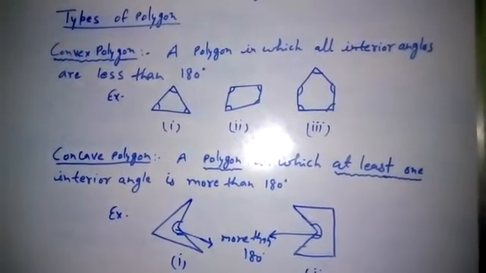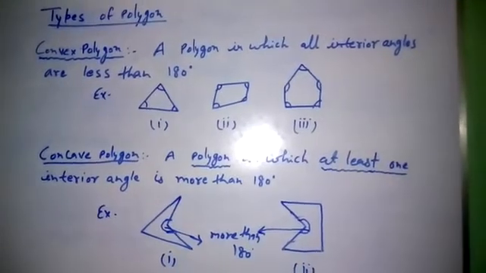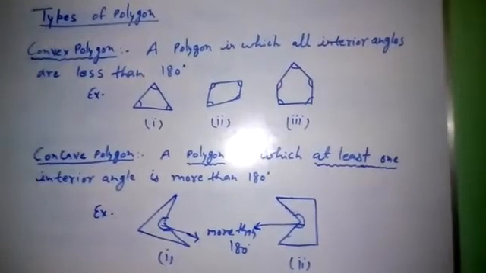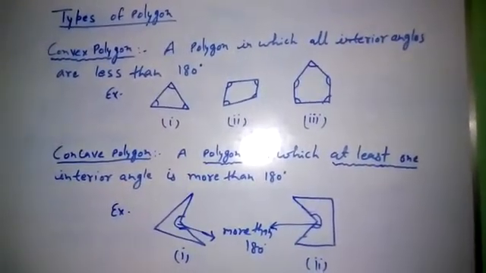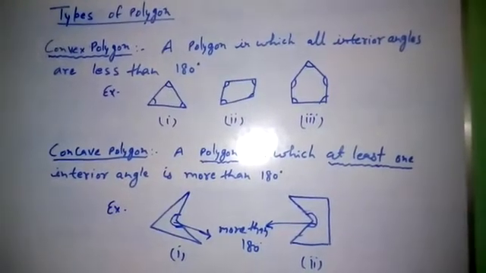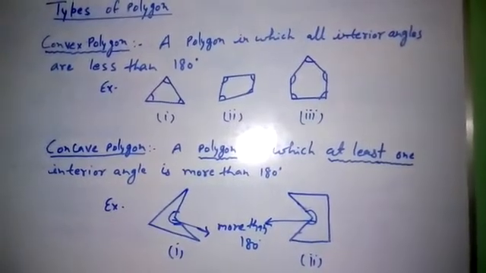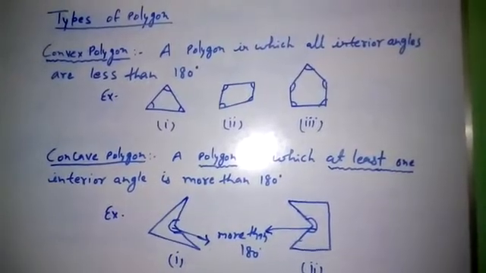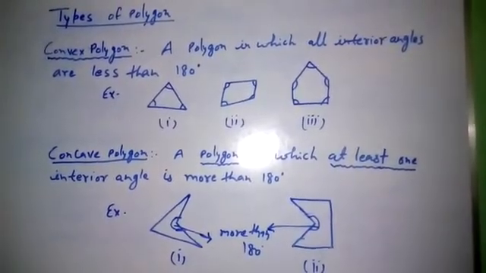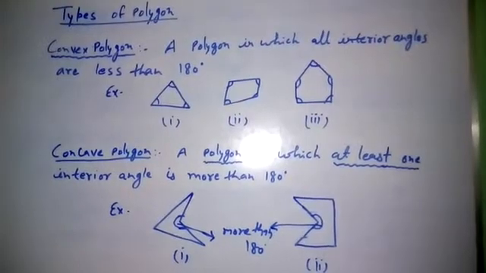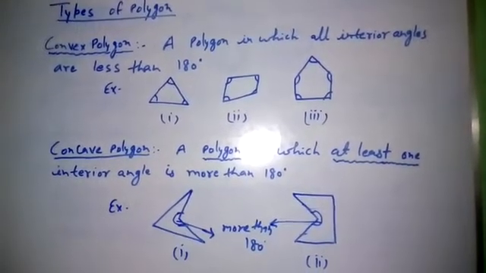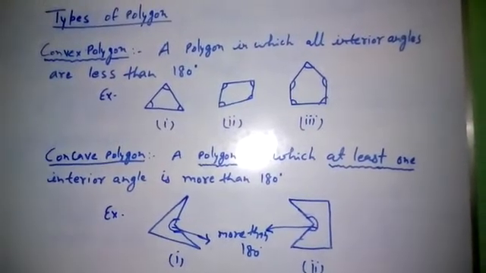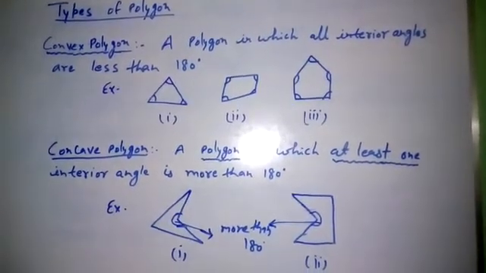Now the concave polygon: a polygon in which at least one interior angle is more than 180 degrees. See the examples. In figures 1 and 2, one interior angle is more than 180 degrees.